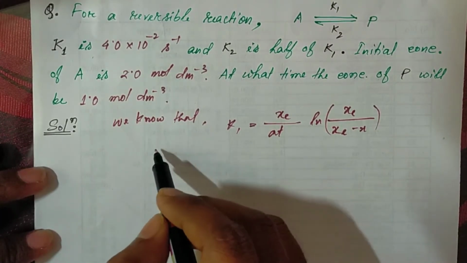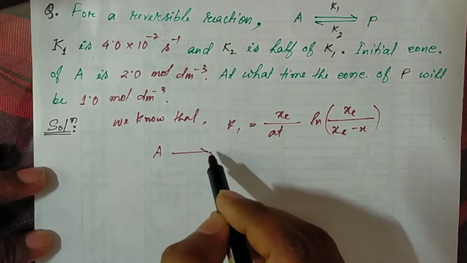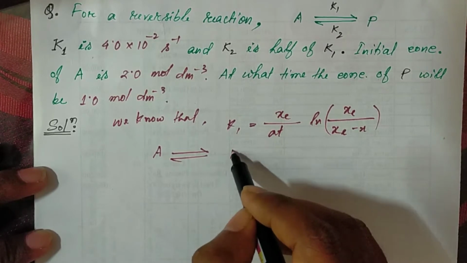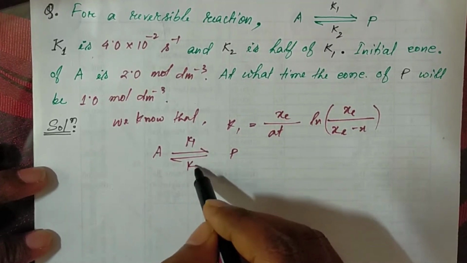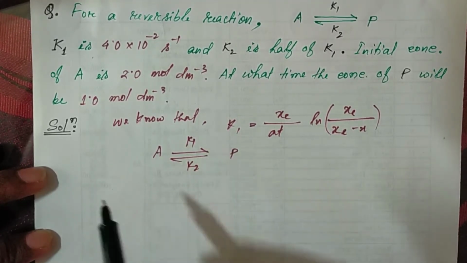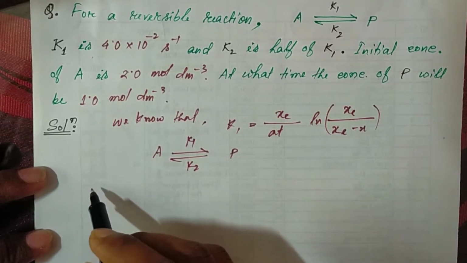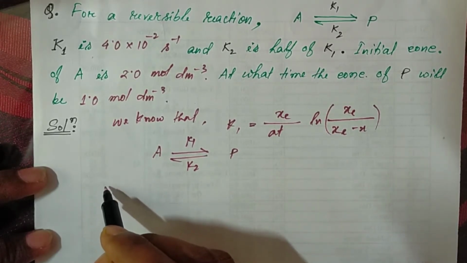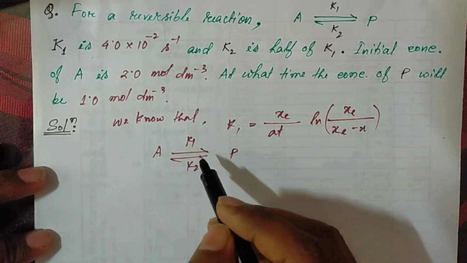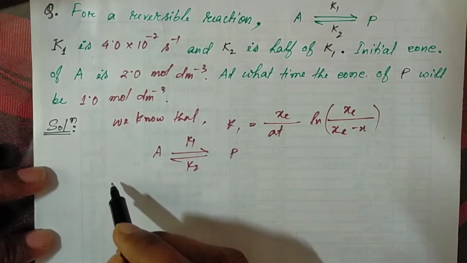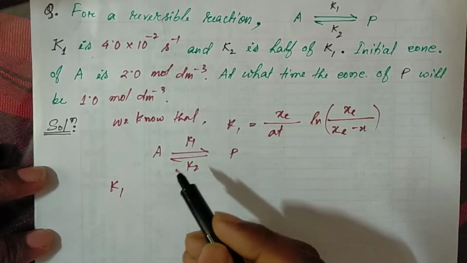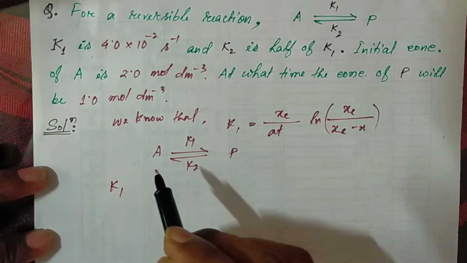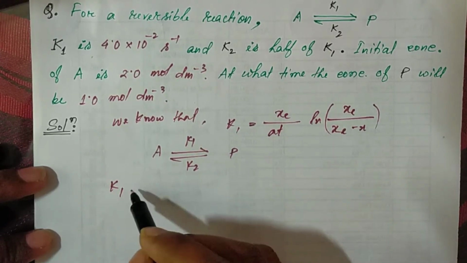And x is given here: the concentration of P, that means the product, will be 1.0, so x is given. For finding xe we will write A, P, K1, K2. As it is in the equilibrium state, we can write that the rate of forward reaction is equal to the rate of backward reaction.